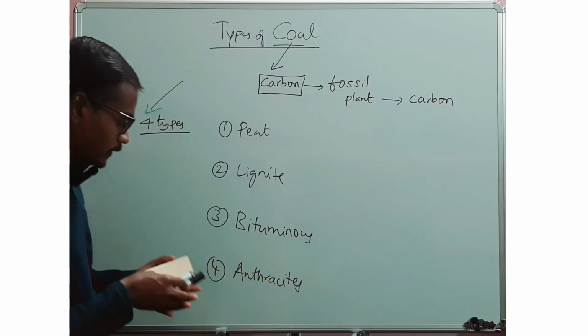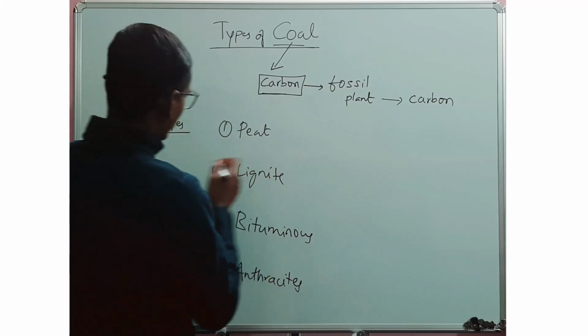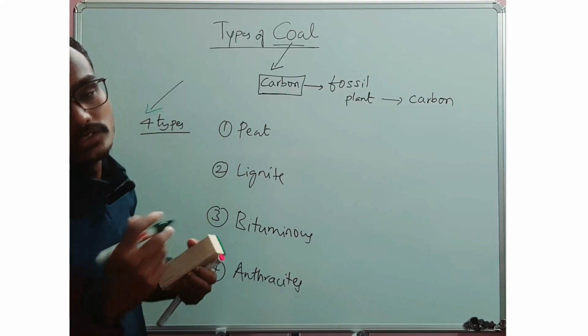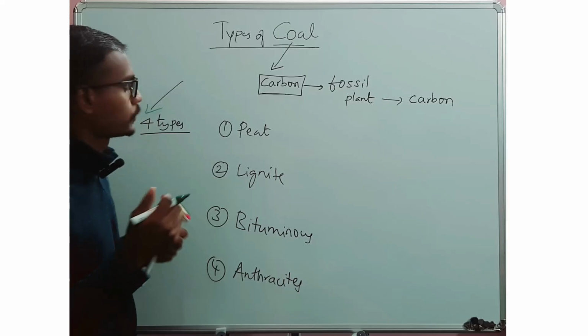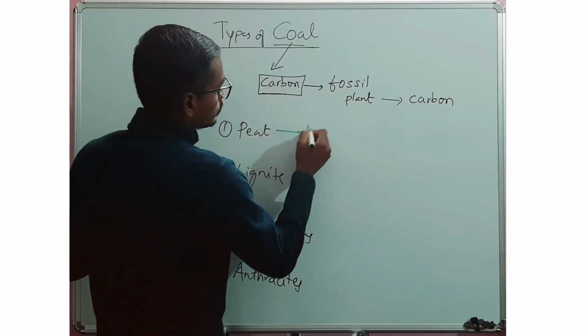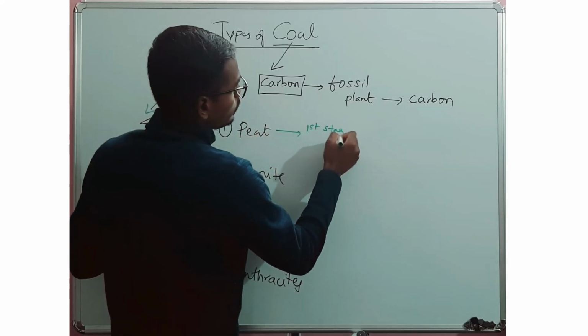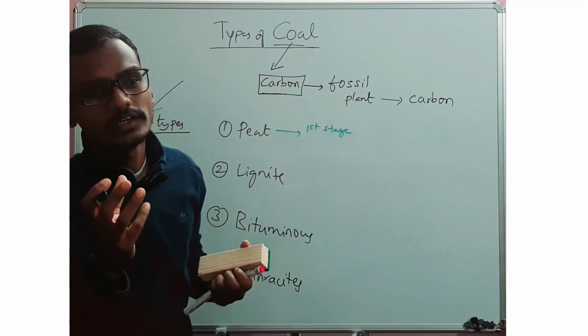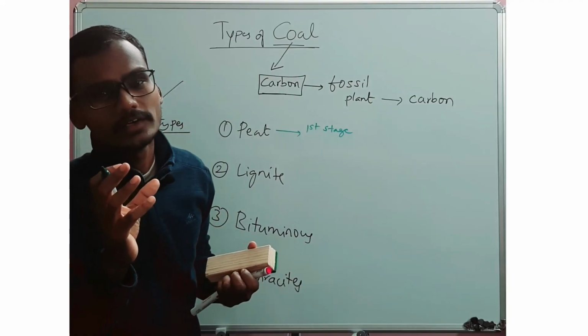As I already told, peat is the first stage of the formation of the coal, a very initial stage. It means it is not a very pure form of coal. It might appear like manure.